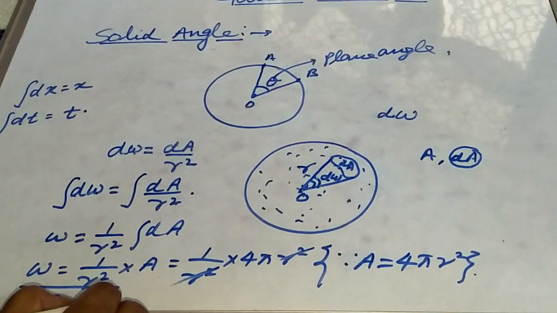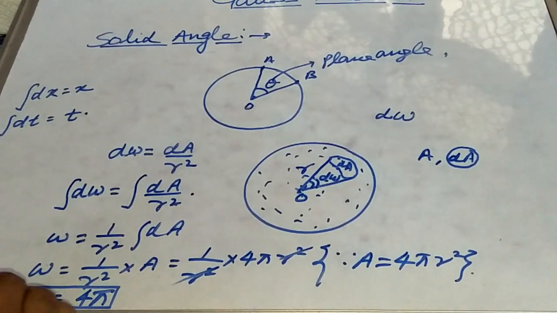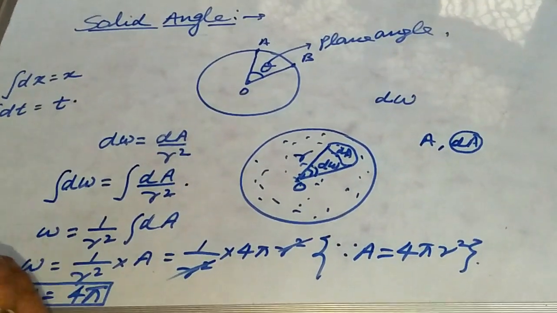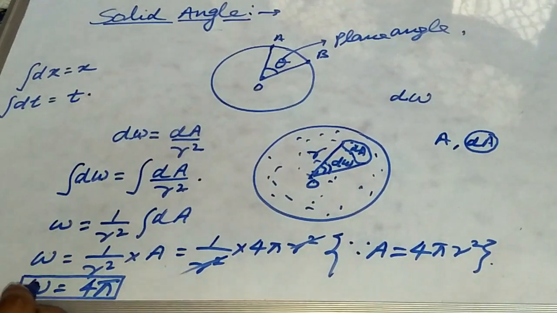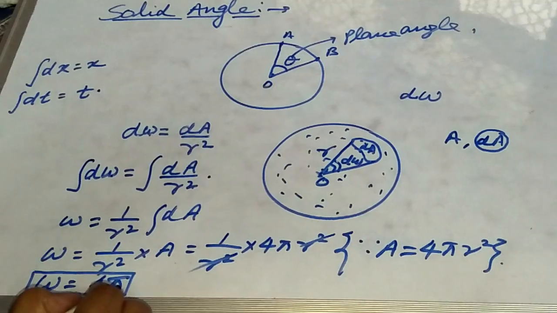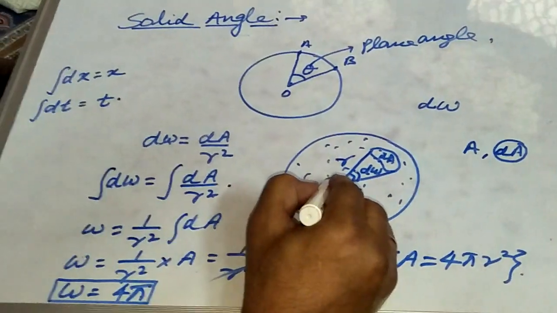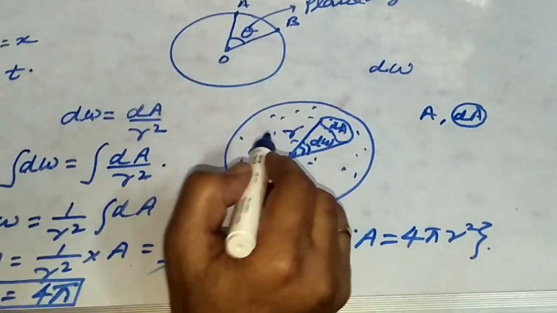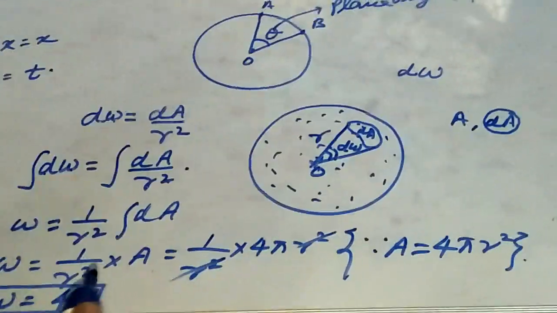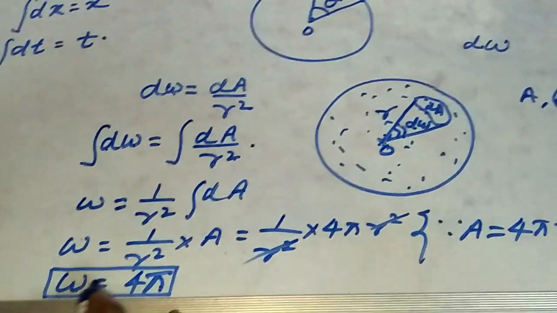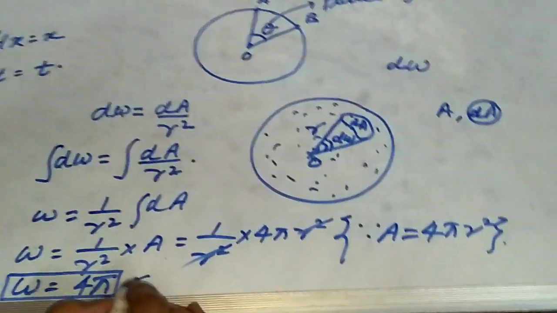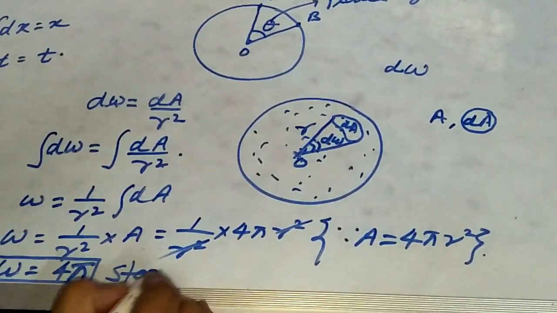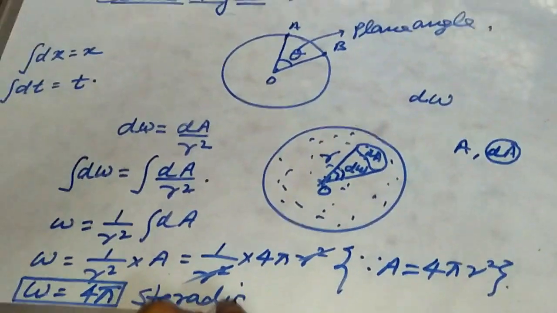It means, dear student, always remember this: the solid angle subtended by a closed surface is always 4 pi. And all of you know the unit of the solid angle is steradian.